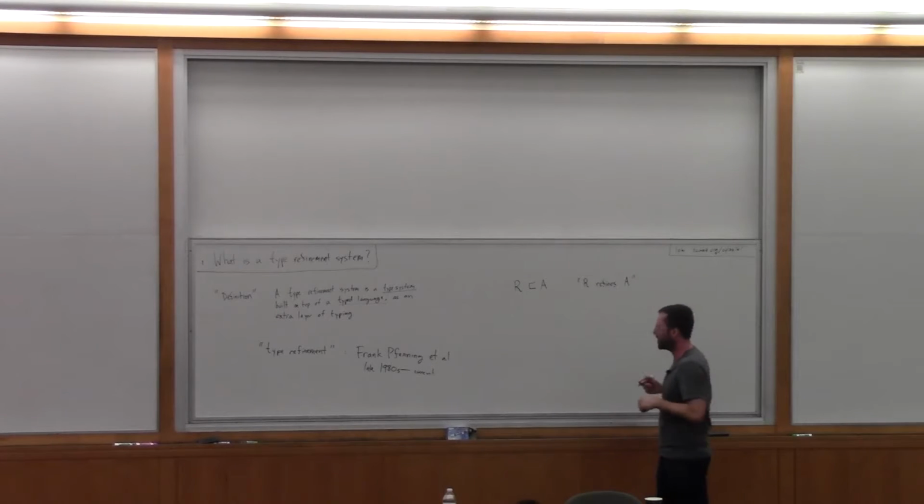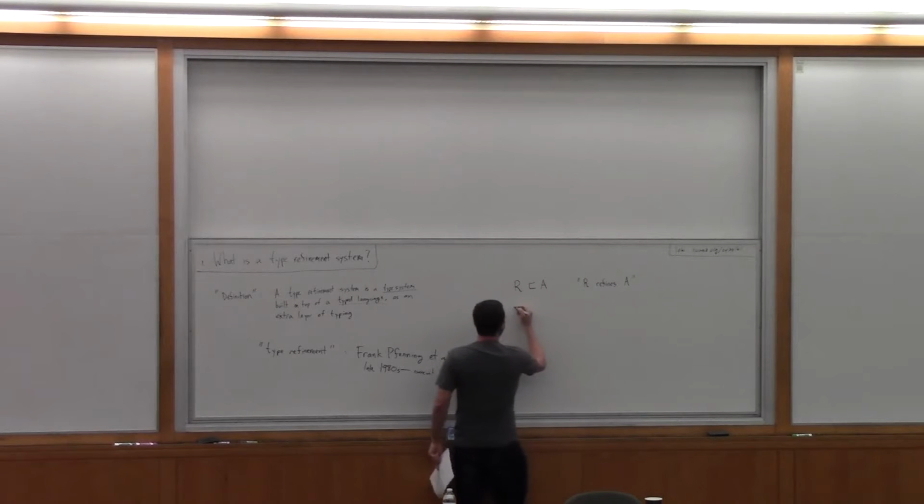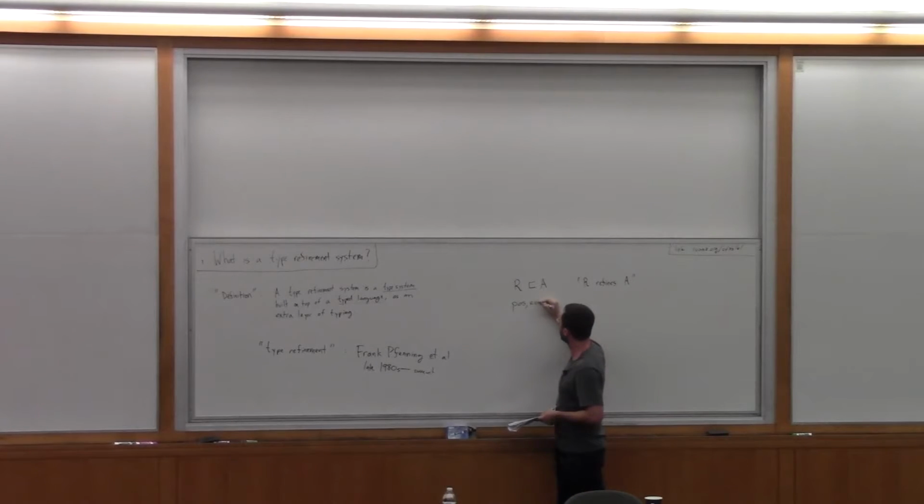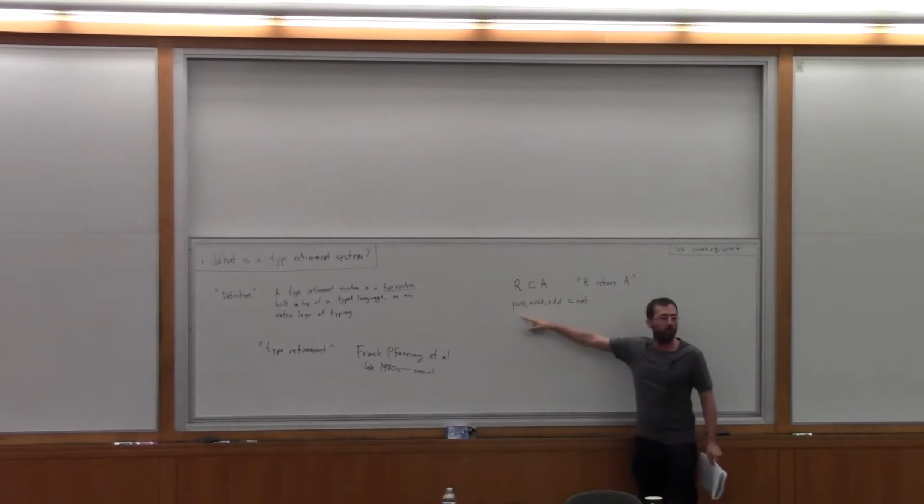For example, I can refine the natural numbers: there are positive natural numbers, even natural numbers, odd natural numbers. Being positive, being even or being odd are all different properties of natural numbers.